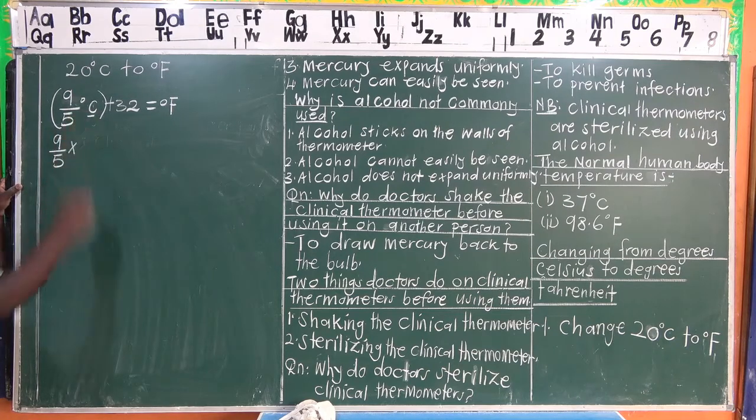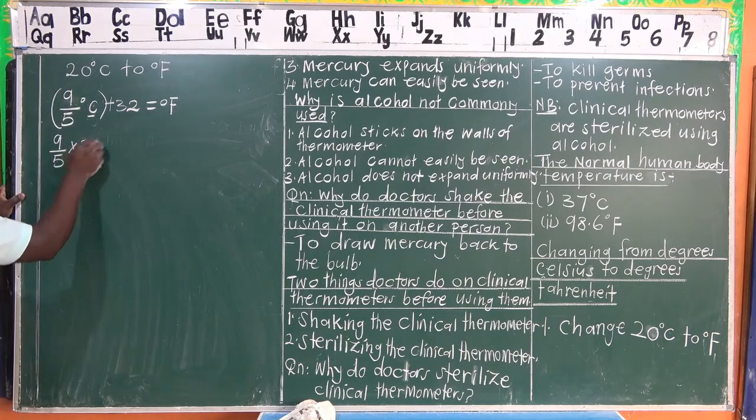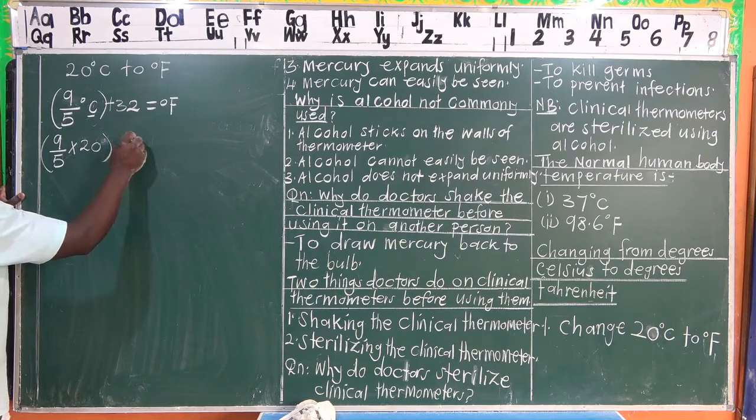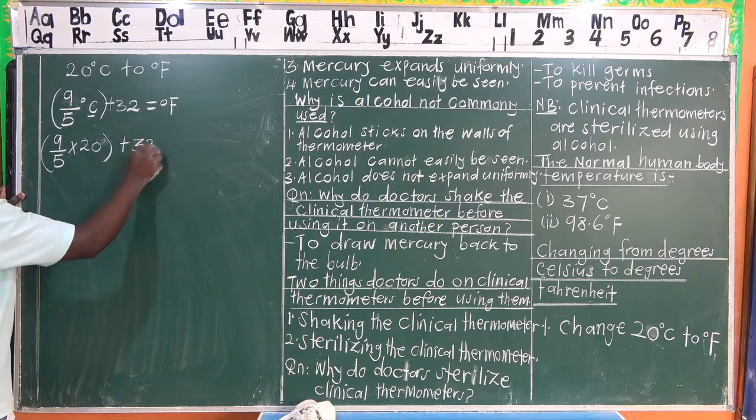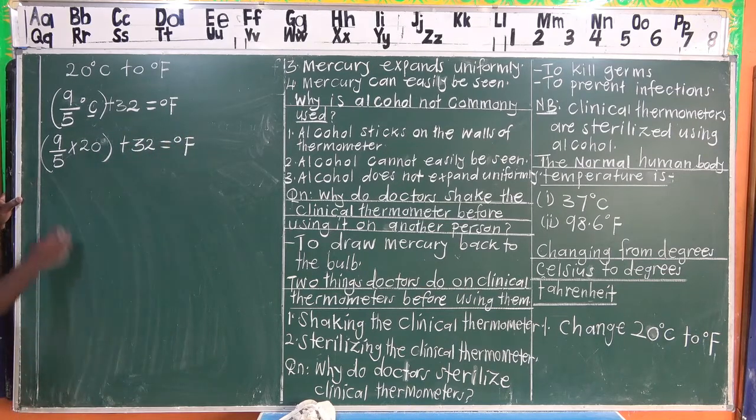Where there is degrees Celsius, we put 20, in brackets, times 9 over 5, plus 32 equals degrees Fahrenheit.